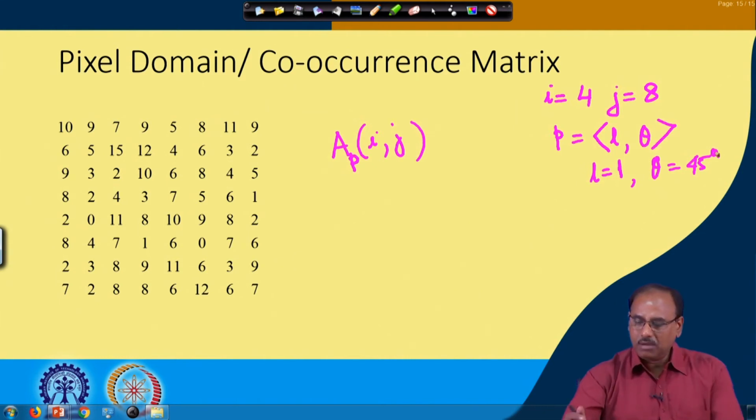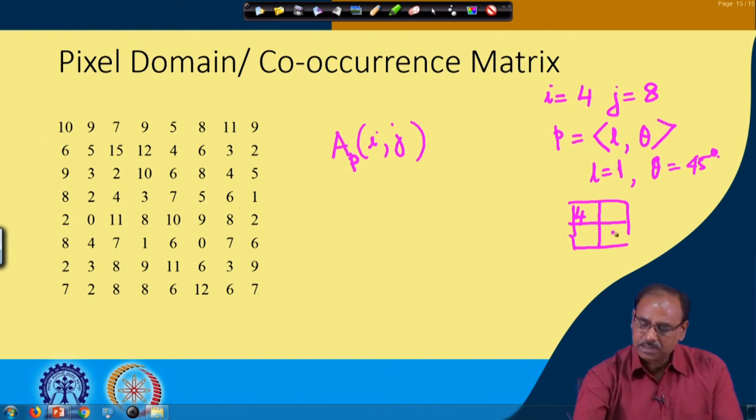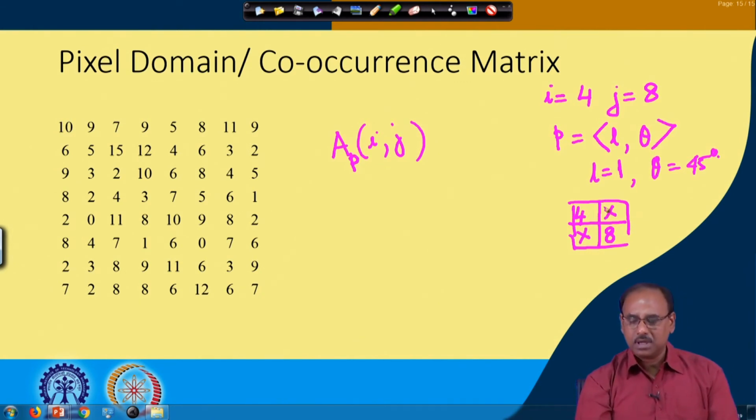Or in other words, if I have such a 2 by 2 window, I want the pixel at this location to have a value 4 and the pixel at this location to have a value 8, irrespective of what the values are at these 2 locations. How many such occurrences do I have within this given image?